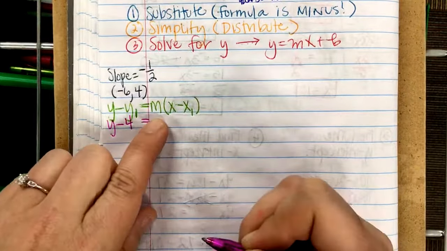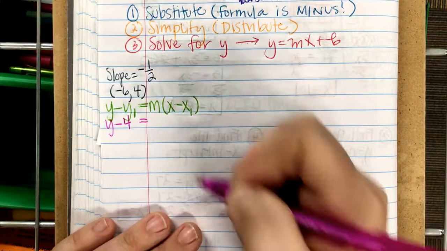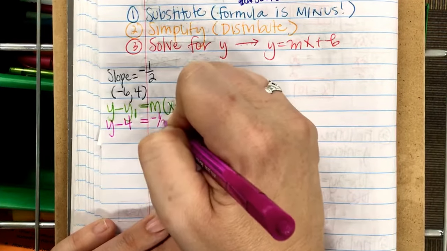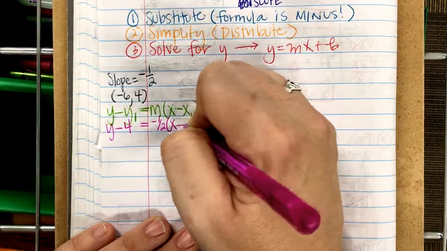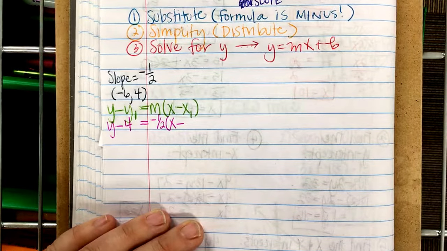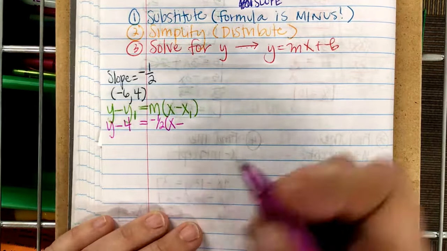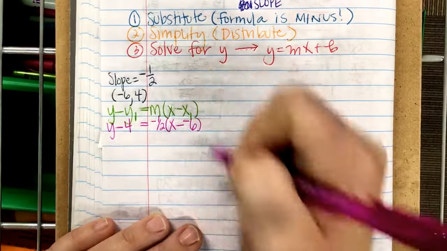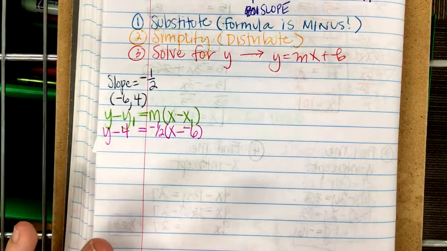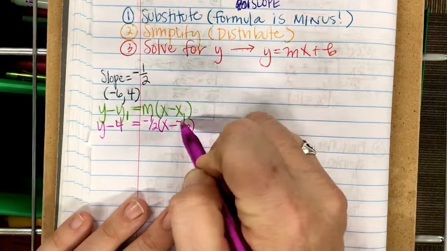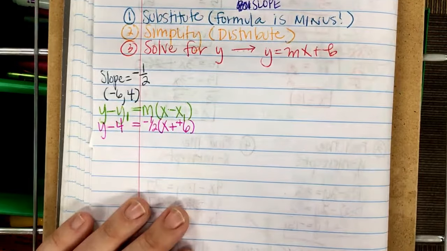Equals m. What's my slope? -1/2. Parentheses. x minus. What's my x value in my ordered pair? -6. Anybody see anything I can fix right away? Minus a negative changes to plus.